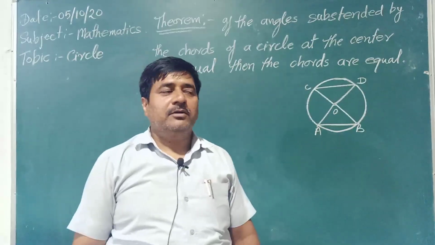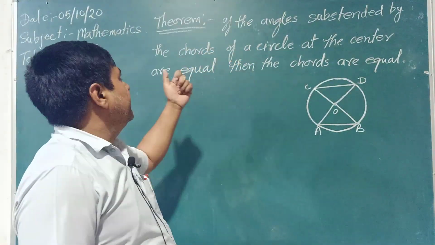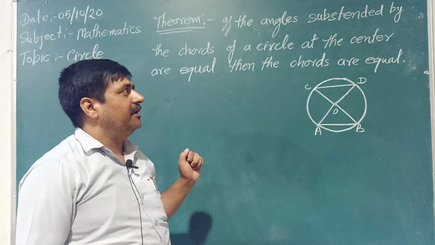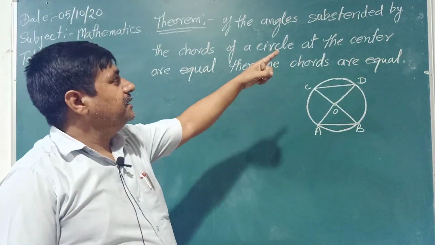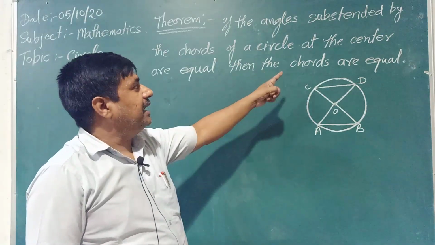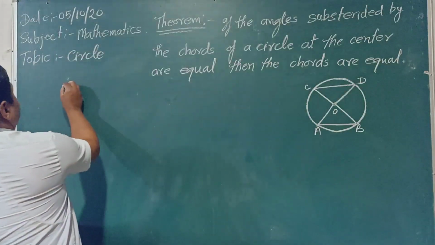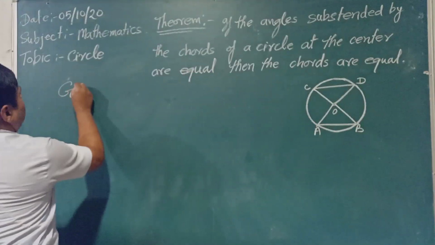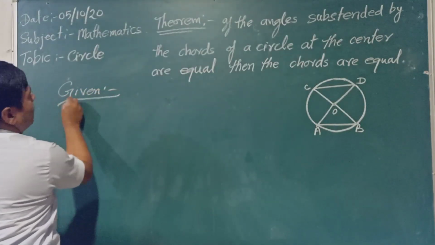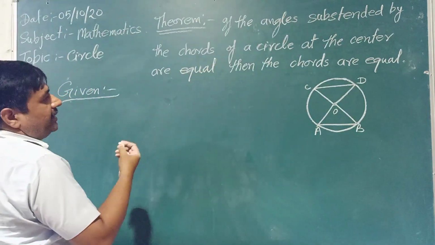Now the next theorem. If the angles subtended by chords of a circle at the center are equal, then the chords are equal. Okay, so now what is given? Given: angles subtended by the chords of a circle are equal.